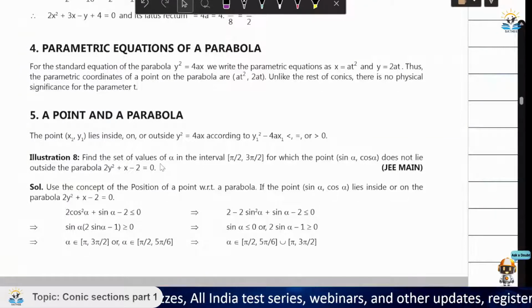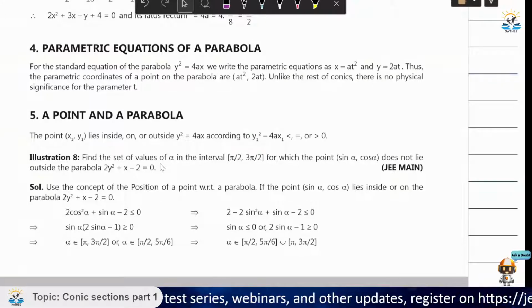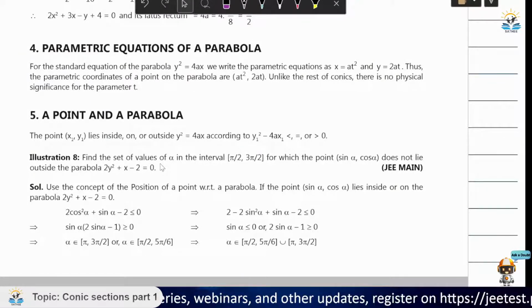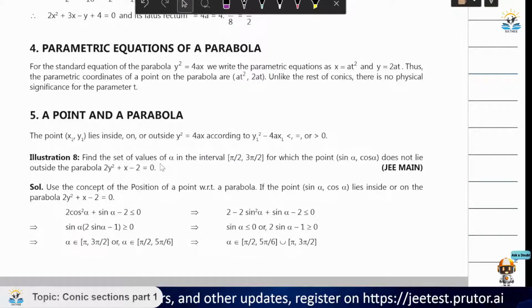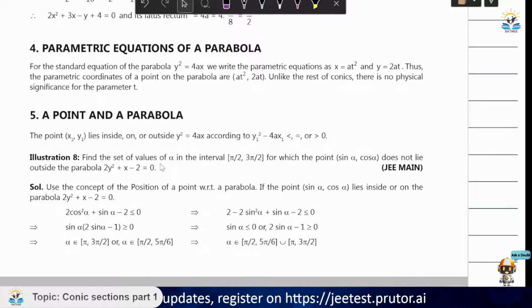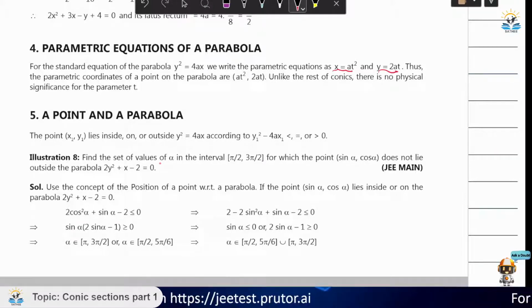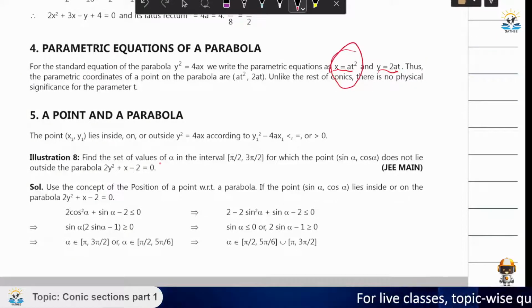For the standard parabola, that is y square is equal to 4ax, we have the parametric form defined: x is equal to at square and y is equal to 2at.